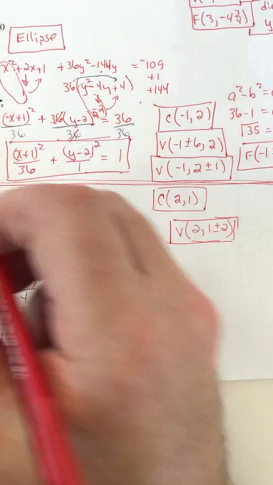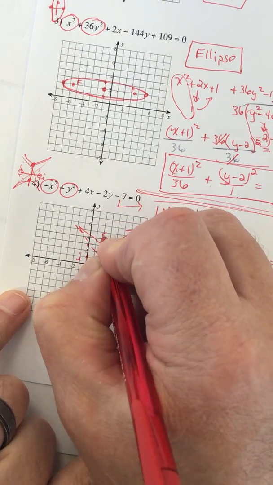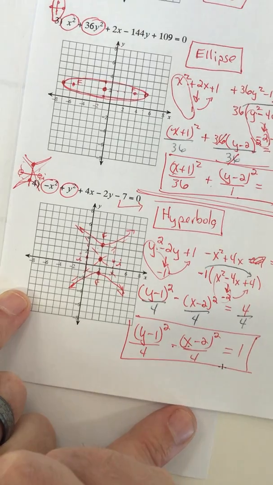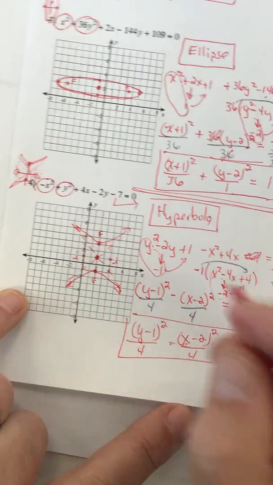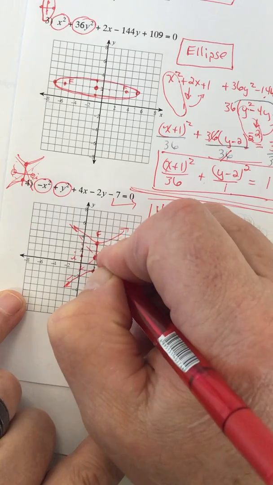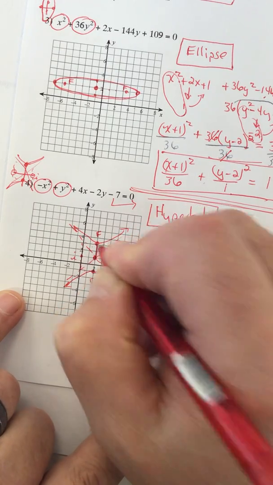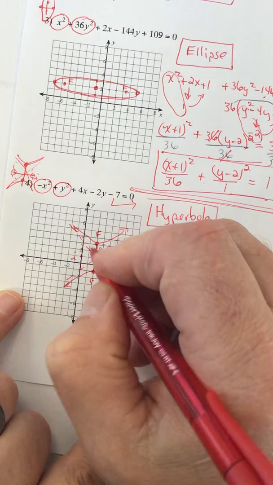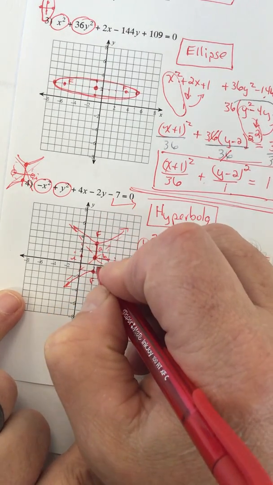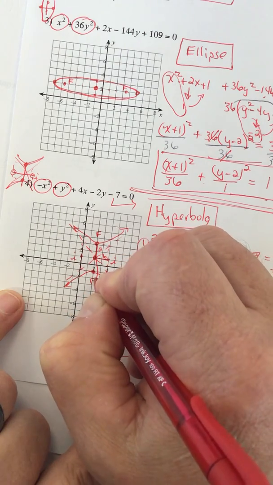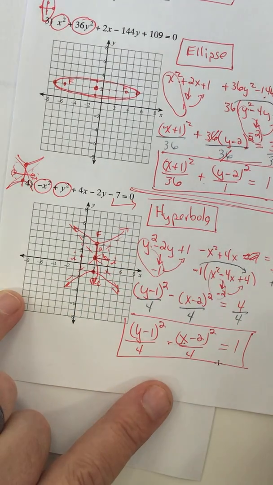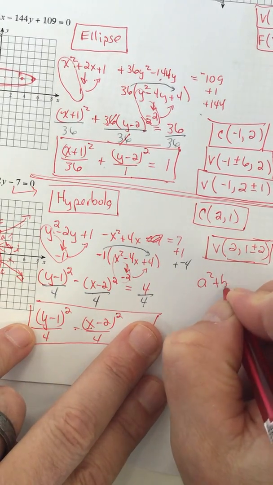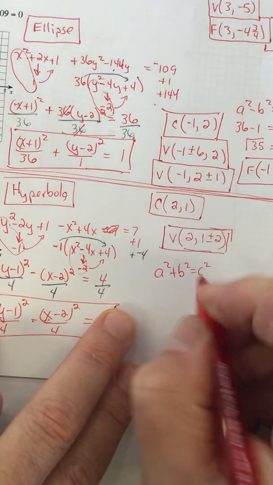And then it wants the focus points. The focus is always on the inside of the curve, so the focus points are going to be there, up and down from the vertex. Okay, this is A, 1, 2. This is B, it's also 2, and the distance from the center to the focus point way out here is C. Okay, so we have A squared plus B squared equals C squared.